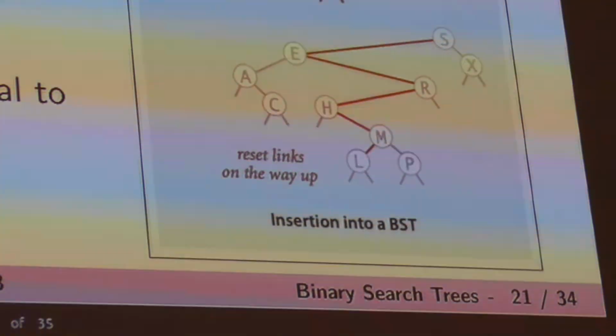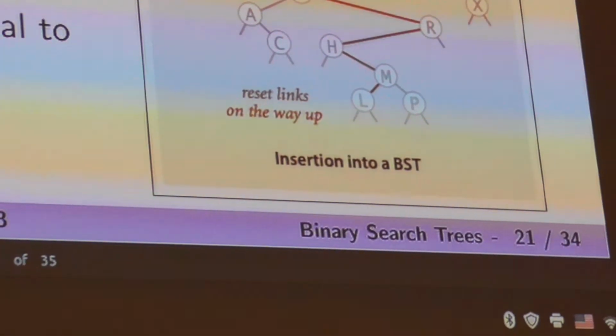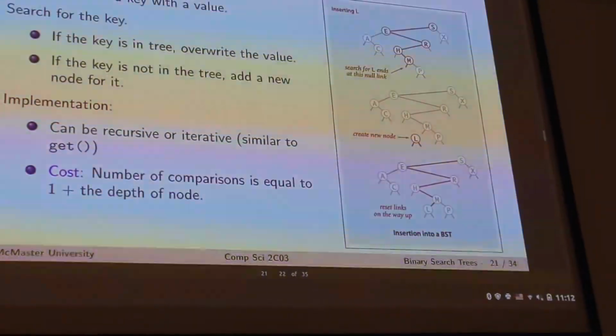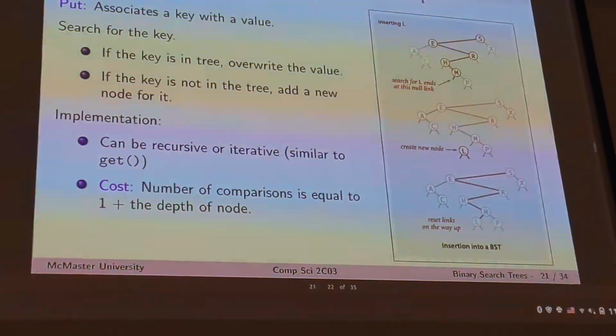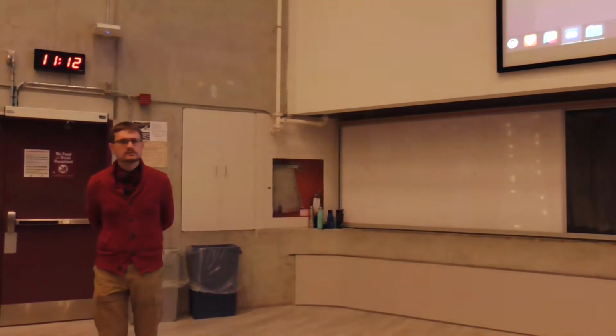I have no idea what they're talking about. We have not set links, so why would we need to reset them? Maybe there's something in the textbook that never made it into the slides. All of these diagrams are out of the textbook, right? So I'll take a look at it and see what we've got going on there, but good point.